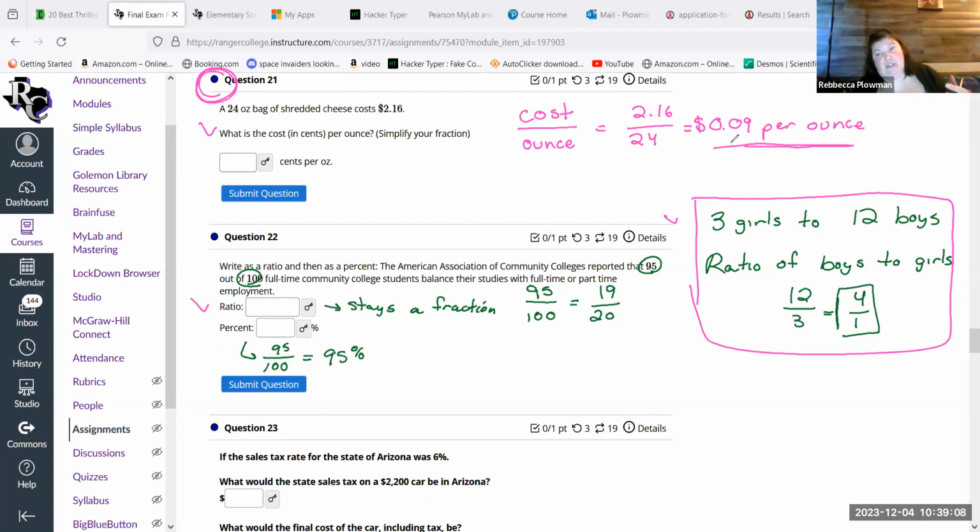Like, is my unit ounces per dollar, or am I doing dollars per ounce? Just to make sure you get that part correct. And yep, that's what the last 2 questions are going to be here.